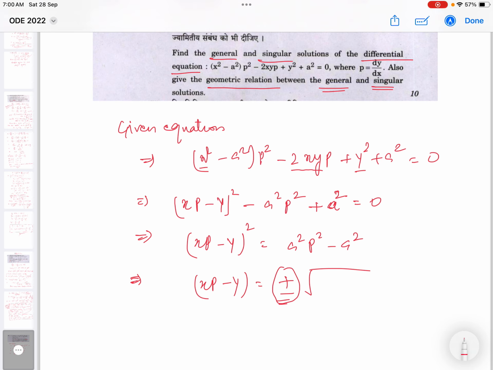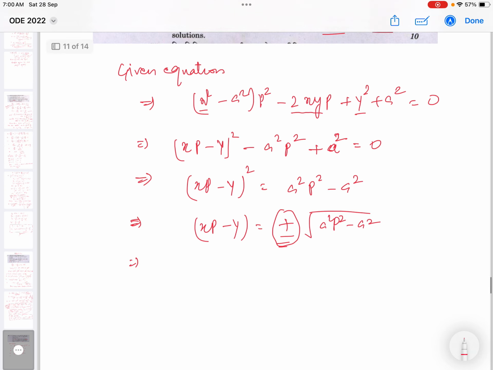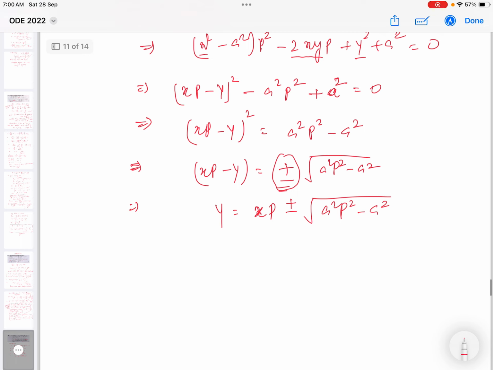Many times we tend to forget the negative sign here. See, it is going to get converted into Clairaut form: y equals xp plus minus a square p square minus a square. So this is Clairaut form.